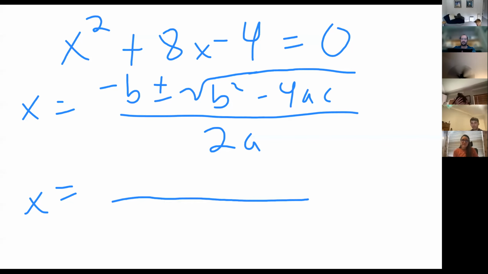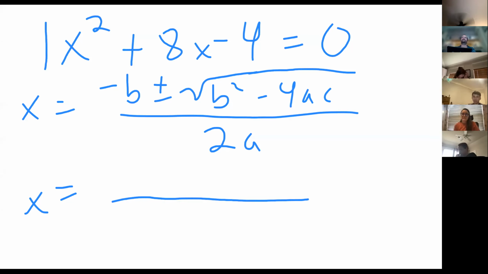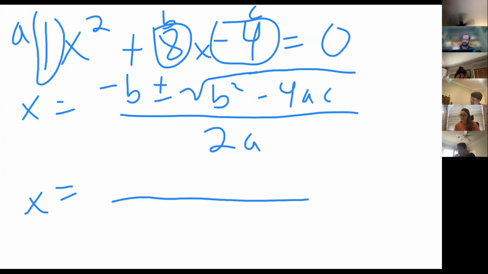Okay. So what is my A value? I don't see an A value here. I just put 1. Is that right? That's it. 1x squared. That's my A. This is my B right here. And this is my C, hopefully. And so minus B should look like what?